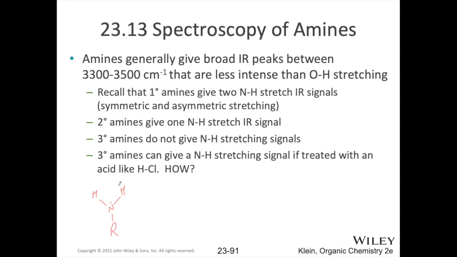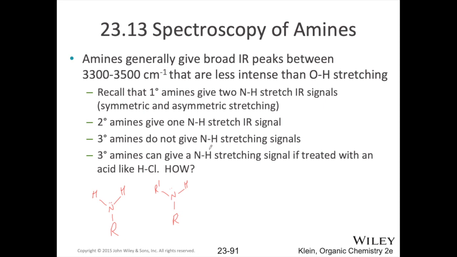In the case of a secondary amine, though, there is only one nitrogen-hydrogen bond. So this only moves back and forth, so we only see a single stretch. And obviously for a tertiary amine, there are no hydrogens, so you're not going to see any nitrogen-hydrogen signals.